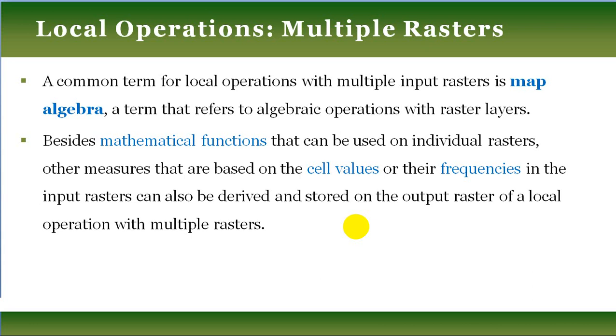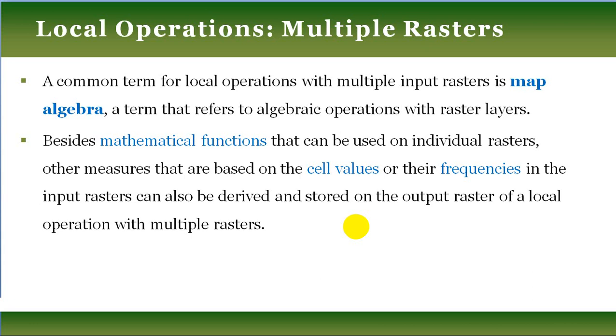So not only different mathematical functions, sometimes we also consider their frequency, how many pixels have the same value. Statistical operations like frequency, mean, minimum, maximum, range, a lot of such statistical functions we also use, performing computation based on multiple rasters, and finally we create an output raster.